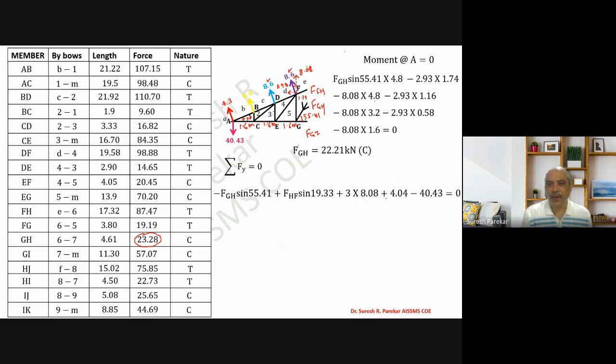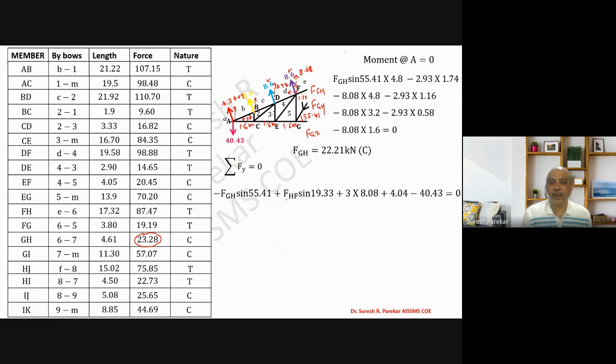And then FH, in the same fashion, we are going to get. So we have three times the vertical component 8.08, then again 8.08, and we have half of this, so that comes to 4.04 for the vertical component. So 3 times 8.08 and 1 times 4.04, all are vertical upward.